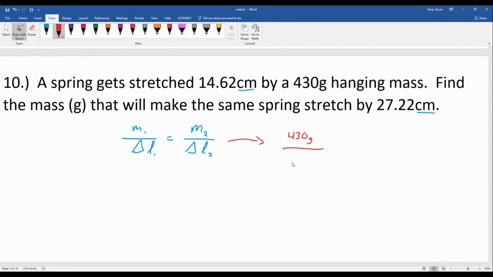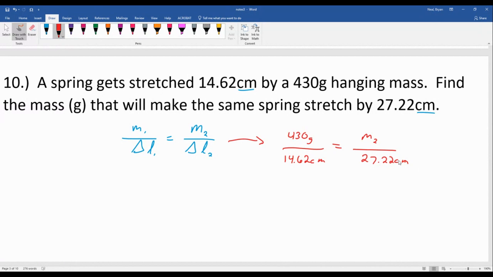All right, but that mass causes a change in length of 14.62 centimeters, which again would not normally be the units we'd want, but it's going to work out here. Whatever constant that would make, we don't care. Some mass later, so just M2 because I don't know what's happening, is going to cause a change in length of 27.22 centimeters.